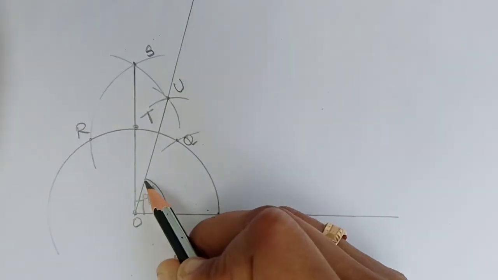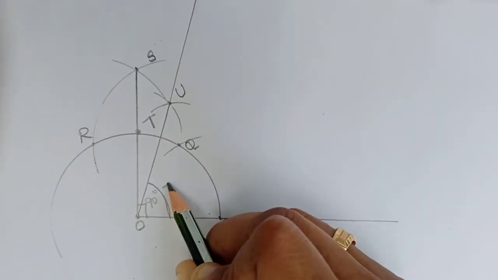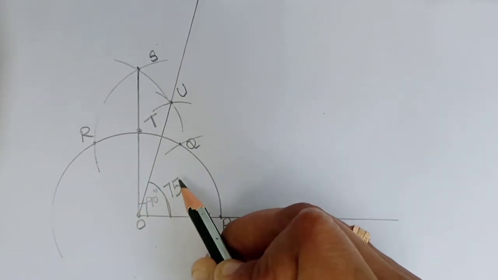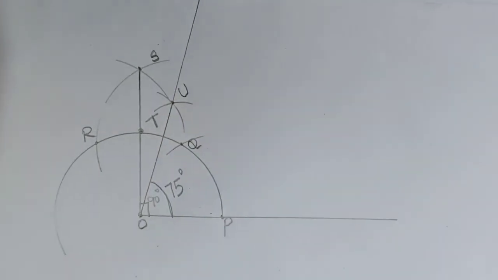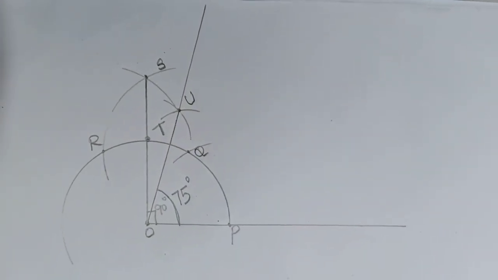Now angle UOP or POU we can label as 75 degrees. The measurement of angle POU is 75 degrees.